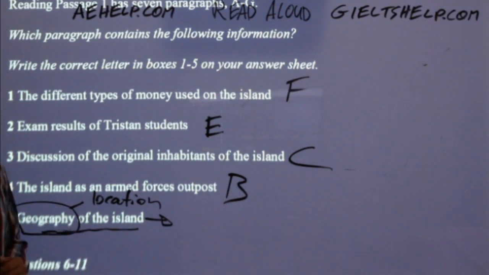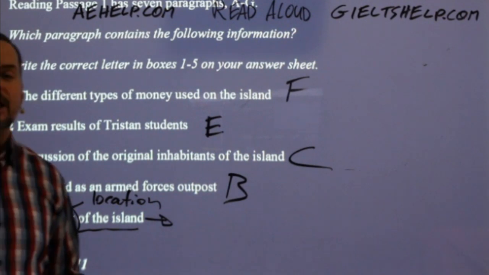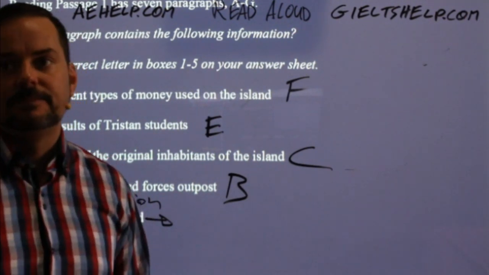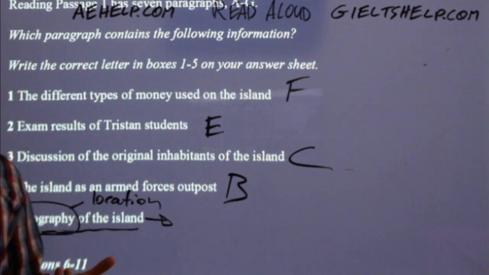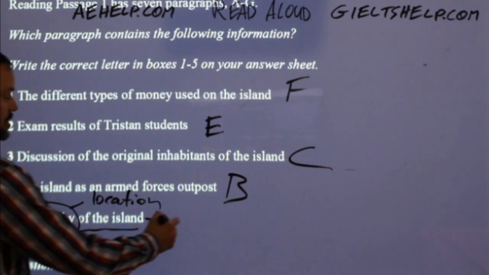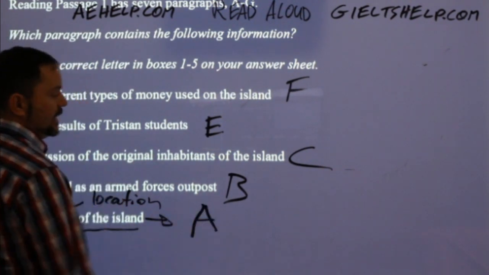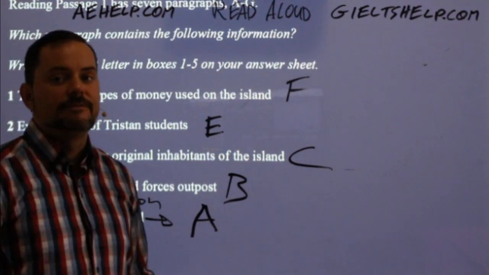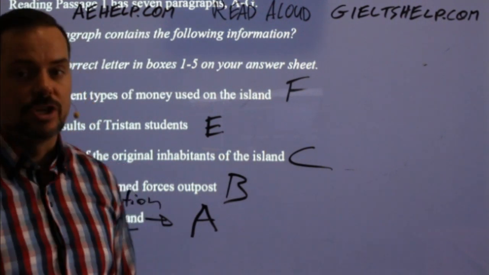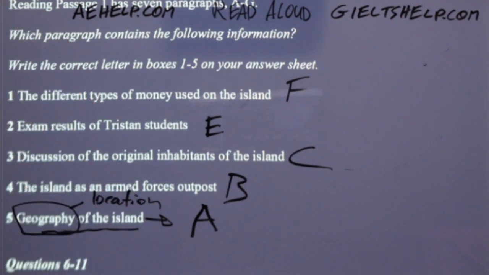Where would you talk about the geography of the island if you wrote this essay? Where would that make the most sense? Yeah, that's right, in the introduction, of course, right? So if I'm writing an essay about an island that's unique and remote, it makes sense to put that information in the introduction of the passage, okay?